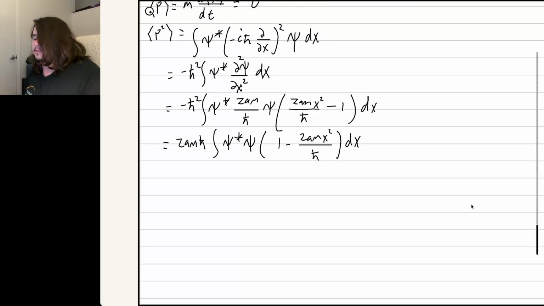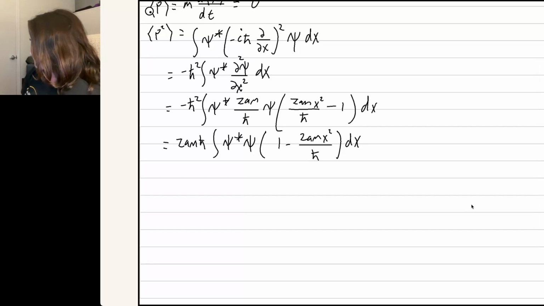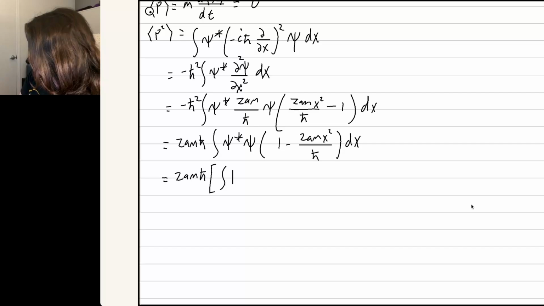We do happen to have a form for psi star psi, but we're not even going to use it. We're just going to split this integral up into an integral of the square modulus over all space with respect to position, minus 2am over h bar times the integral of x squared square modulus dx, right?